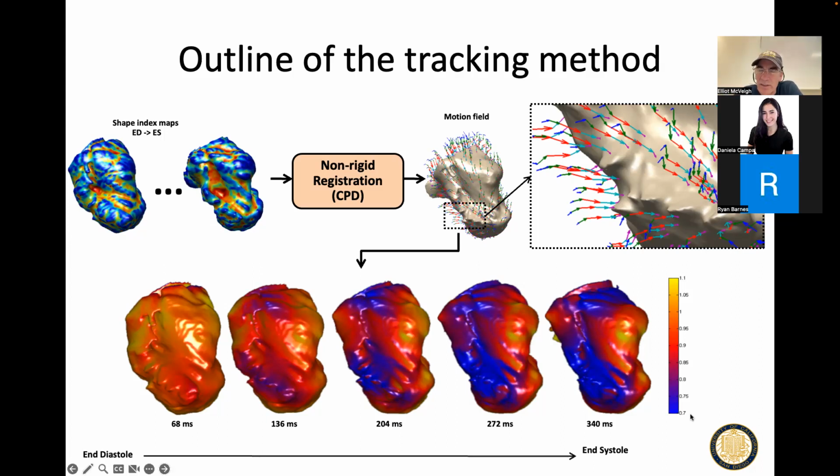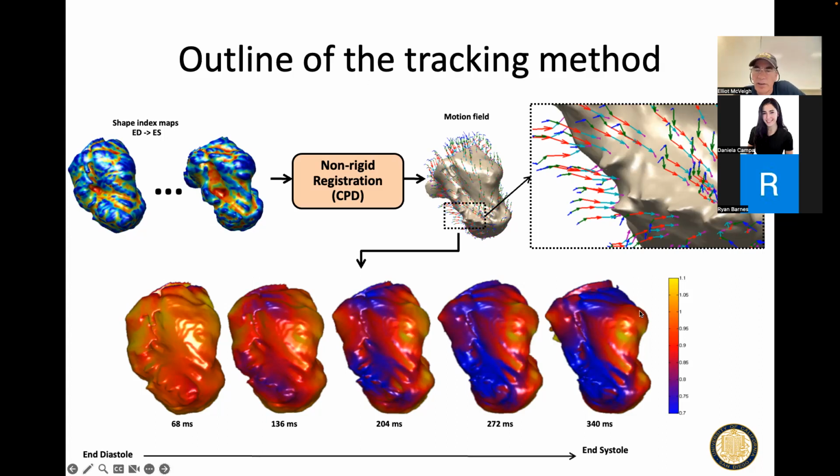If the surface area gets smaller, we encode that with blue, and if the surface area gets bigger, we encode that with yellow. Over the course of systolic contraction, you can see this patch here is going very blue. That means all of the points there are coming together. So at this point, I needed a much larger area to fit all those points than I did over here, right? So it's a strain.